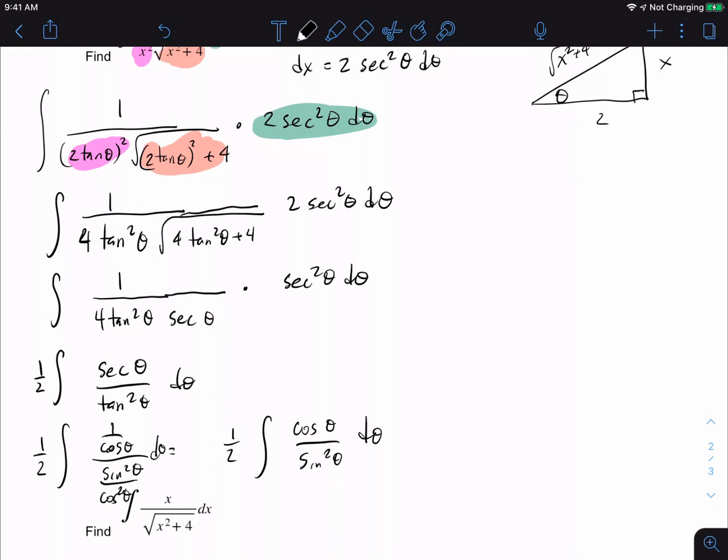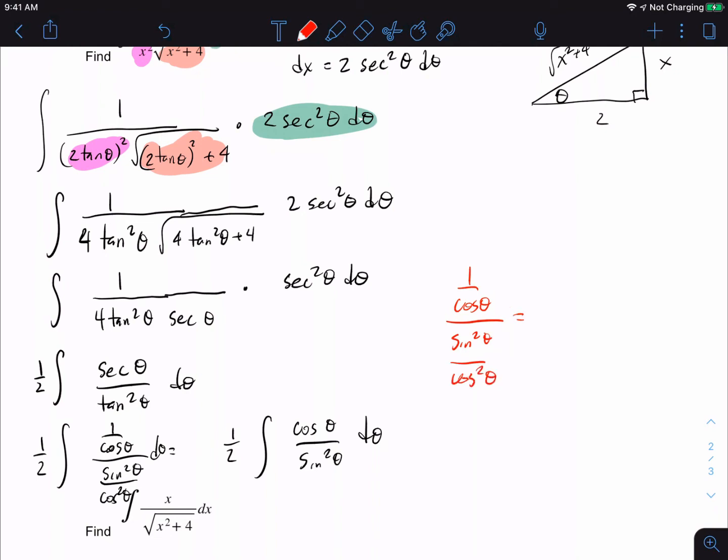Does anyone need me to show how I got that? Sure. I get 1 over cosine theta over tangent squared, which is sine squared theta over cosine squared theta, correct?